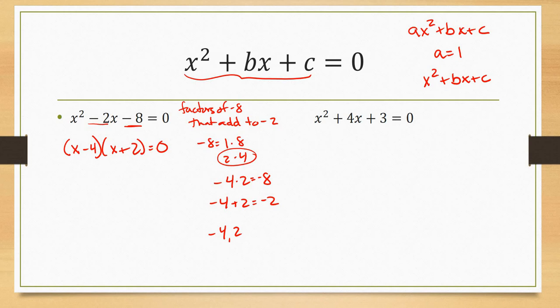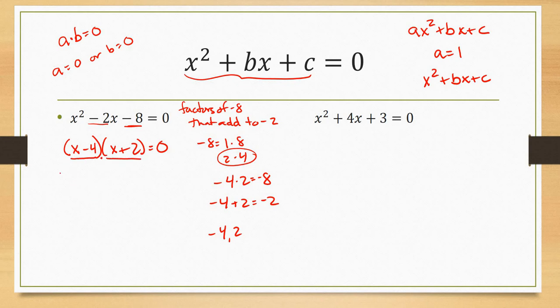Now, I want you to remember back to another thing that you learned in algebra, which is that if a times b equals 0, then the only way to multiply two numbers together and get 0 for your answer is if one of those two numbers equals 0. So either a has to be 0 or b has to equal 0. Well, that's what I have here. I have this factor times this factor.